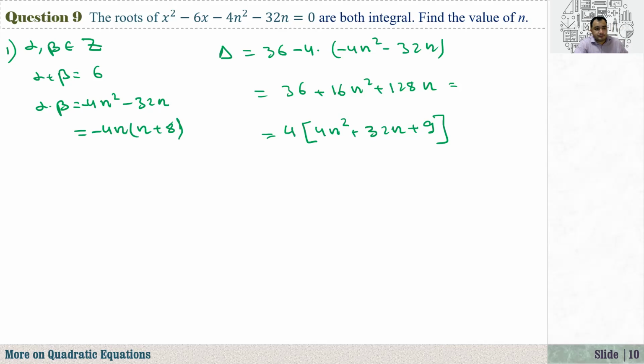So minus 4n times n plus 8, and 4n squared plus 32n plus 9. It should be an integer.